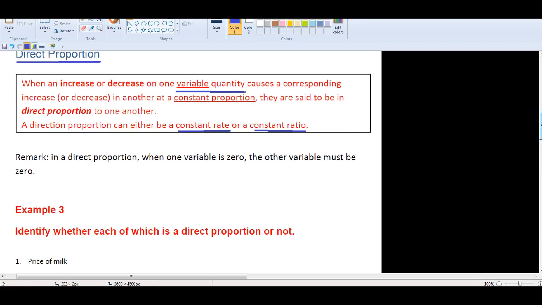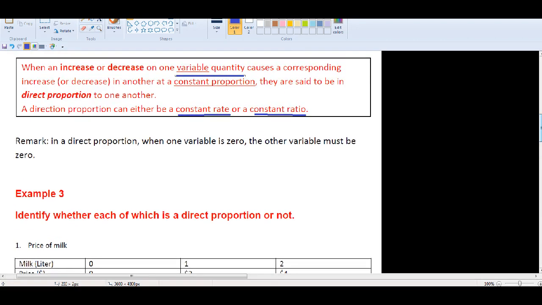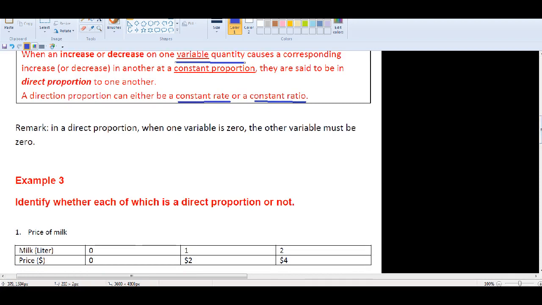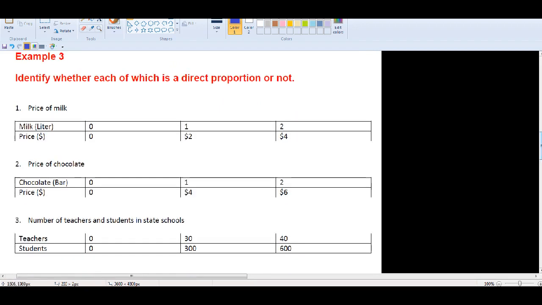Let's do some examples. For direct proportion, one important thing to remember: because it involves two quantities, if one variable or one quantity is zero, then the other must be zero as well. So 0, 0 must be included in a direct proportion. Let's have some very common examples.